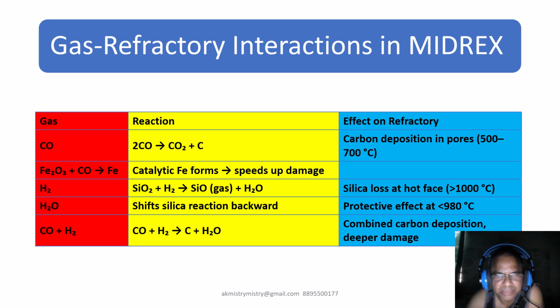As already shown, carbon monoxide actually helps especially in carbon deposition reactions, and this carbon deposition in pores becomes a source of stress and strain in later stages, which creates a problem for the refractory.